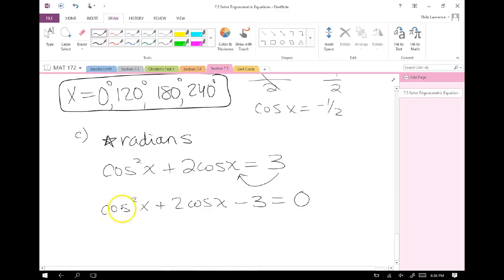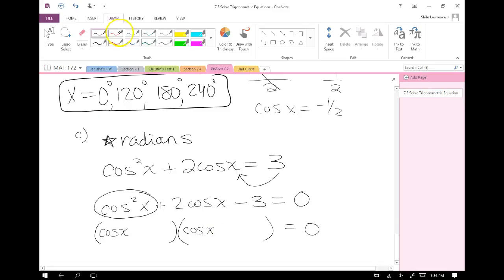So now there is no GCF on the left, and this equation is quadratic in form. We're going to split it up into 2 binomials. Since it's cosine squared in the front, it's going to split up into cosine and cosine.